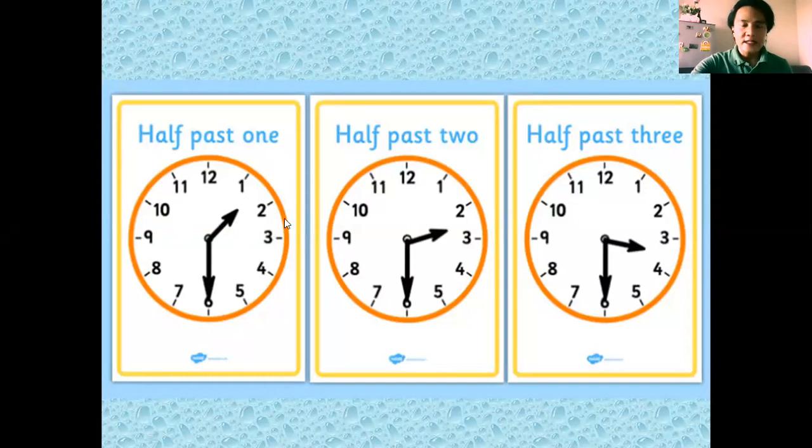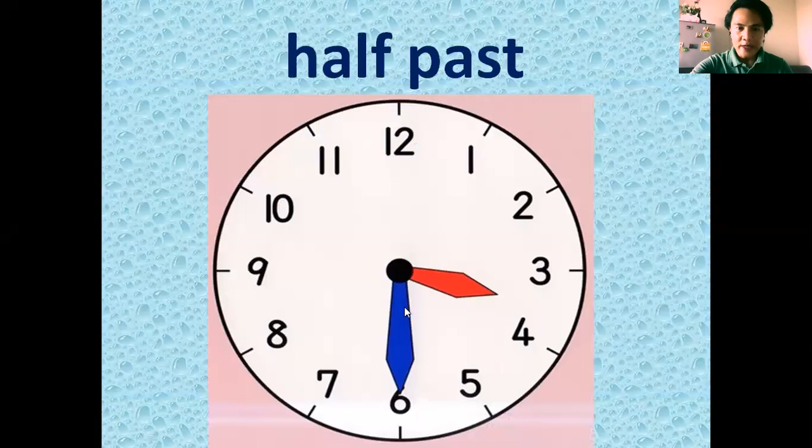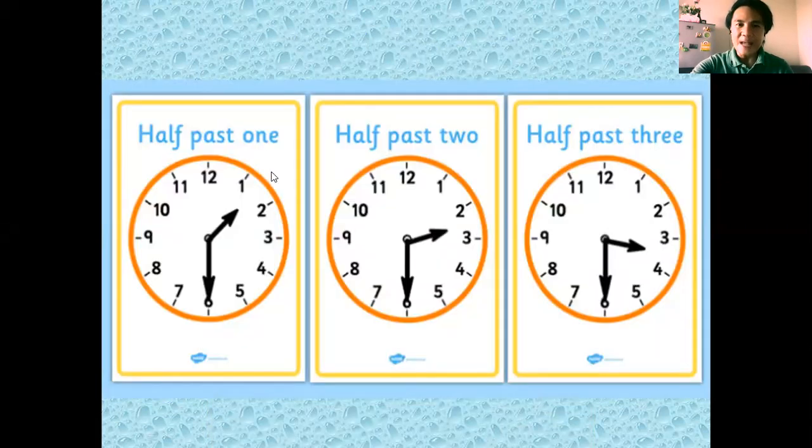Look at these examples. Remember, the long hand is pointing to number 6. That is half past. In these examples, again, we need to read the long hand first.